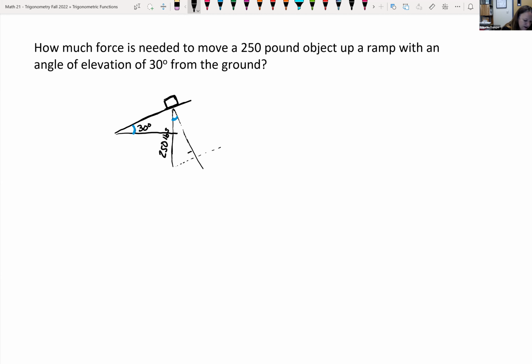And this right here is always going to be a right angle. That's 250.